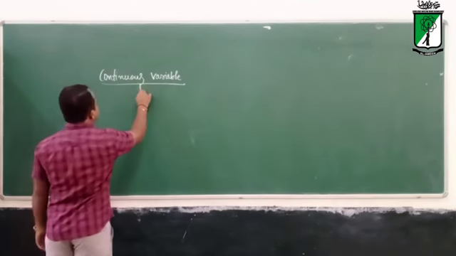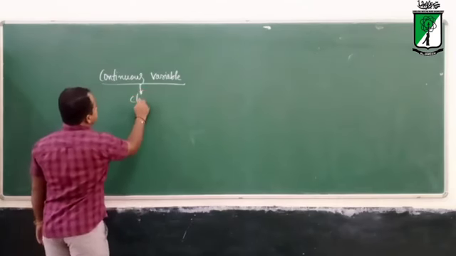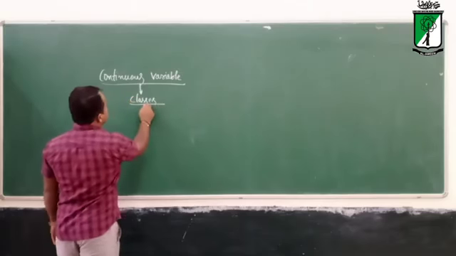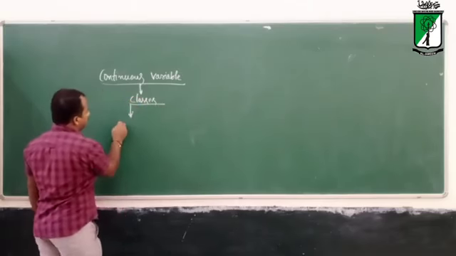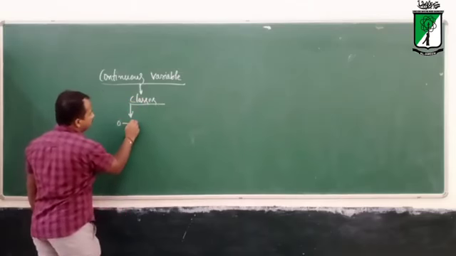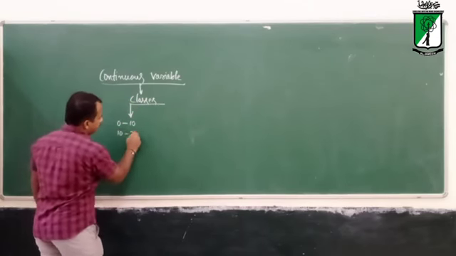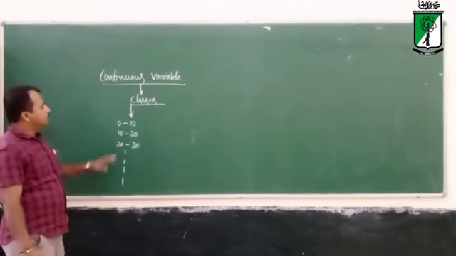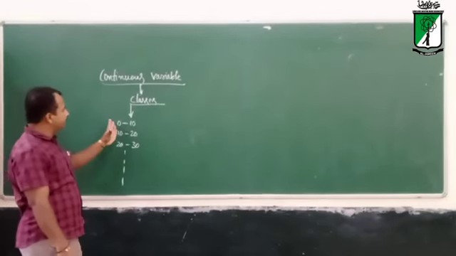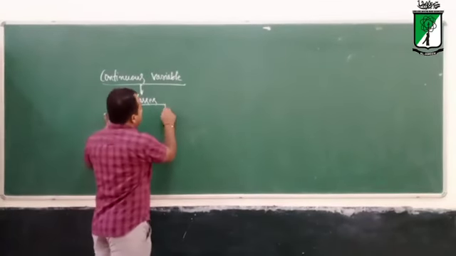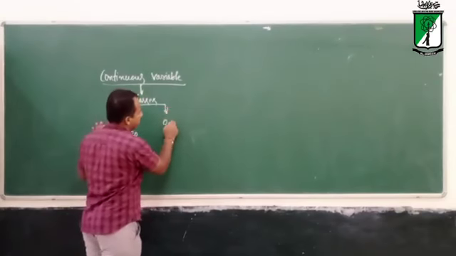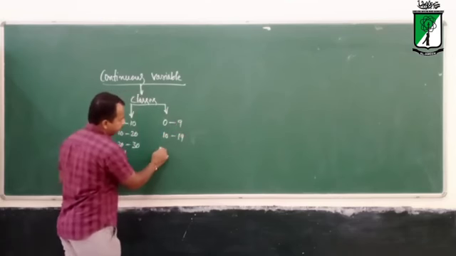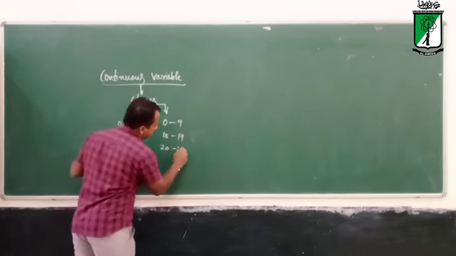Continuous variable means you will find classes like 0 to 10, 10 to 20, 20 to 30, likewise. So one type of class is this, and another type of class may be 0 to 9, 10 to 19, 20 to 29.